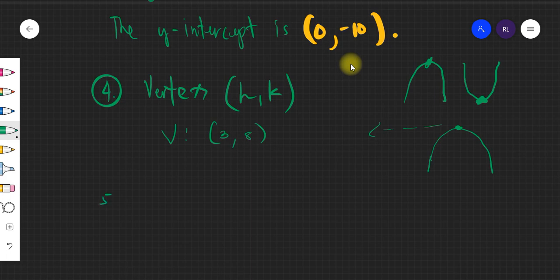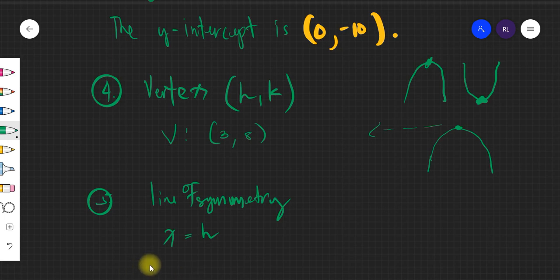Number 5 is the line of symmetry. Why is it important to have the line of symmetry? It gives you the perspective of where to go, since both sides are divided into two congruent parts by the line of symmetry. As discussed before, the h itself is the line of symmetry.